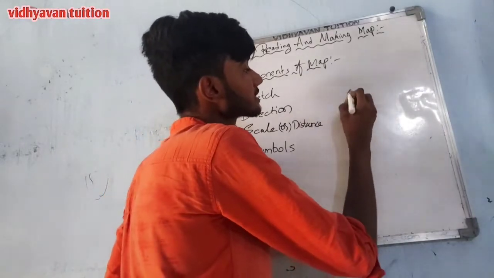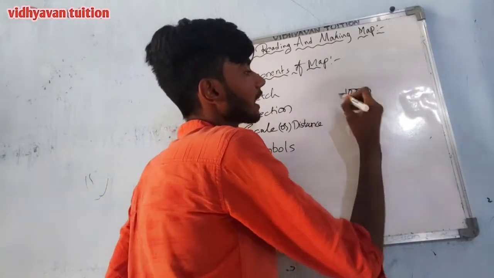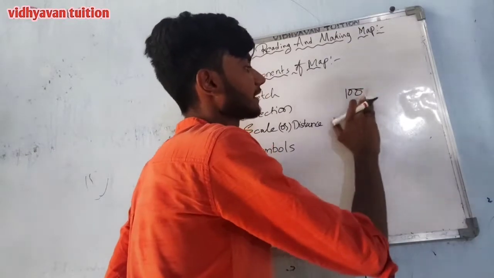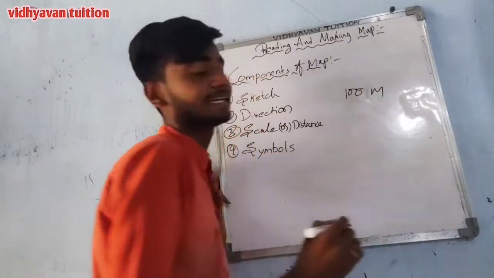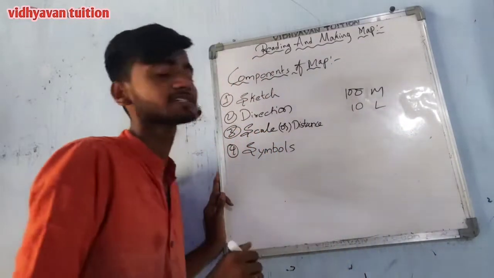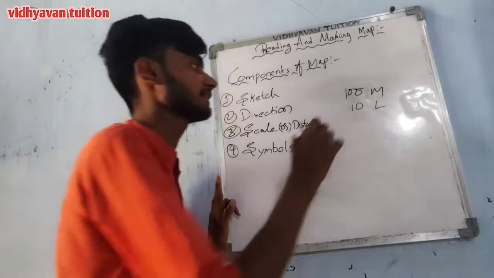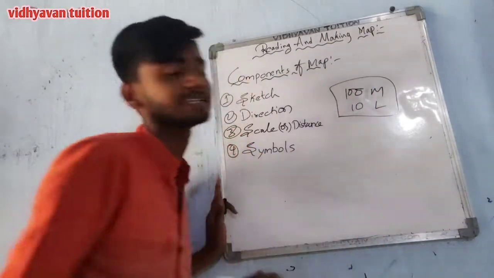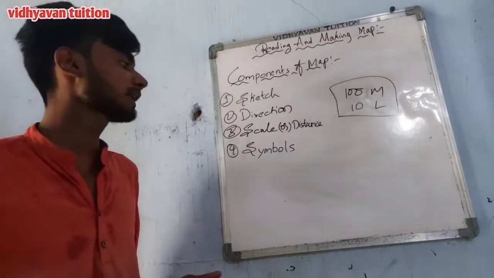The bridge was 100 meters long, and each lamp was at a 10 meters distance, so he had 10 lamps. Is it clear?